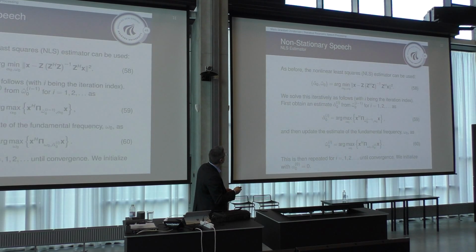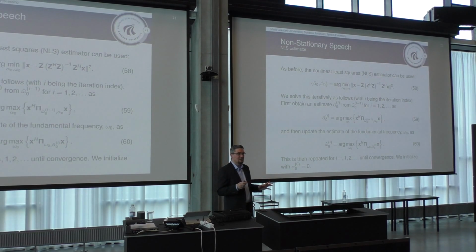and the chirp rate. We could, of course, apply the nonlinear least squares estimator to find this, so we simply minimize the modeling error over these parameters like that. But that's a two-dimensional nonlinear optimization problem, and it's not so easy to solve, actually.